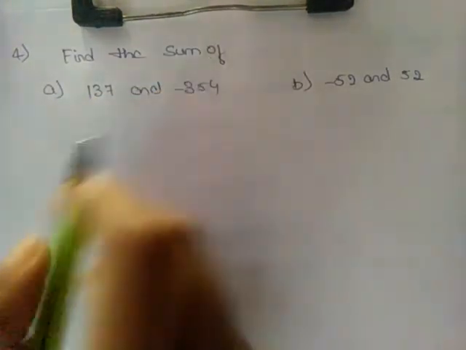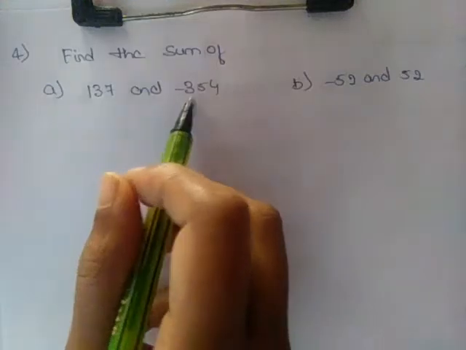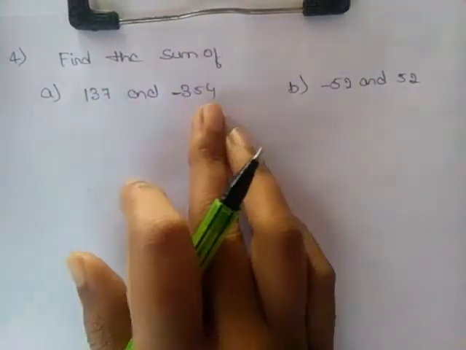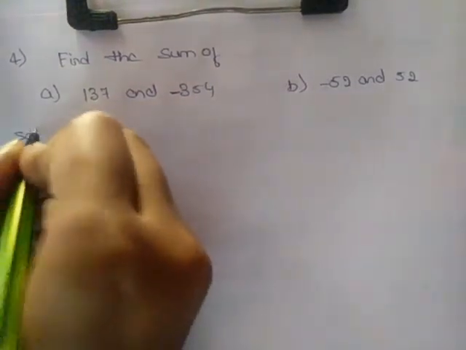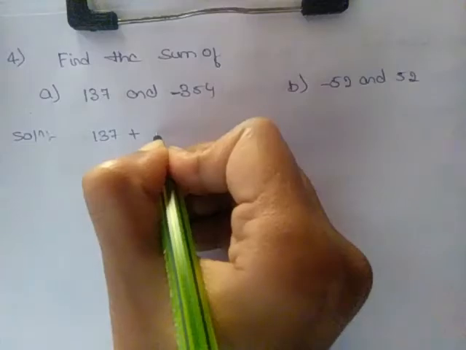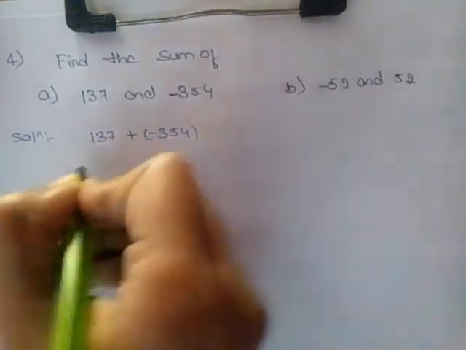Find the sum of 137 and minus 354. Sum means, as I told, we need to add these two numbers. So we'll begin the solution. 137 plus into bracket minus 354, we'll write.